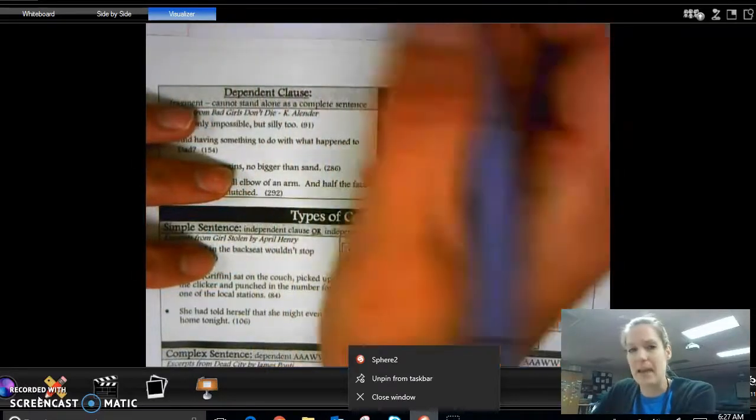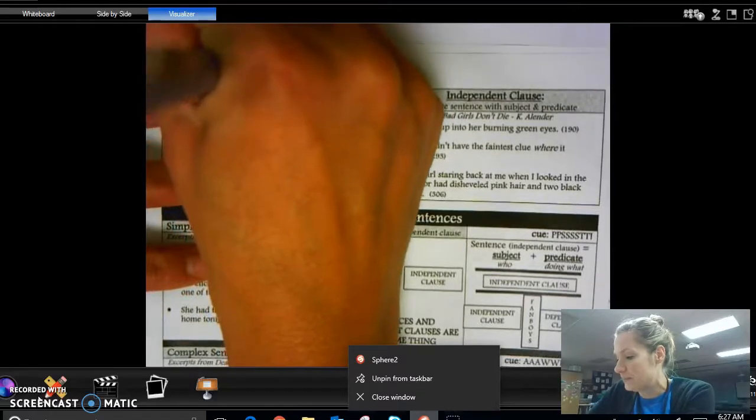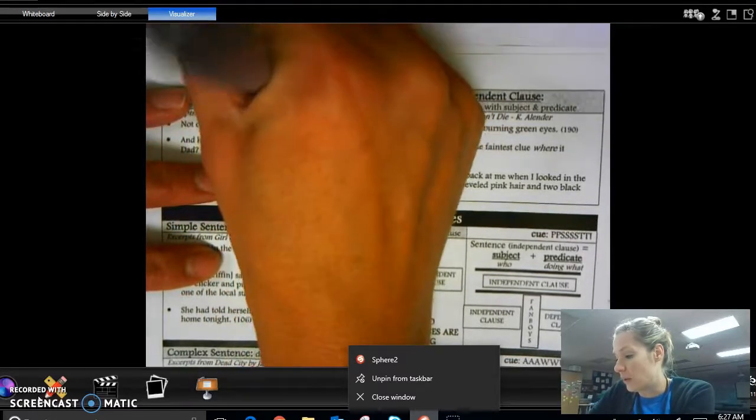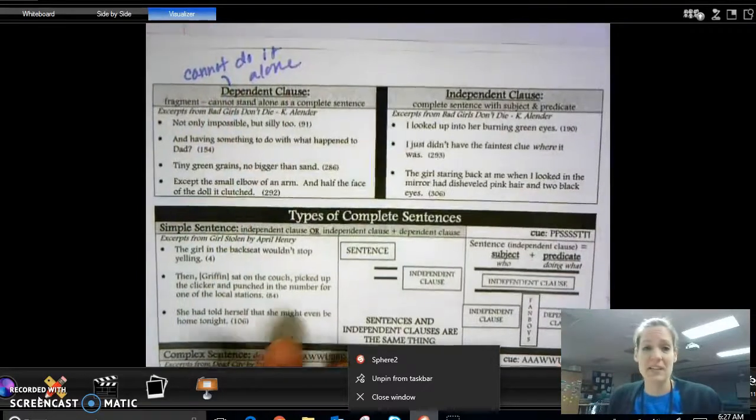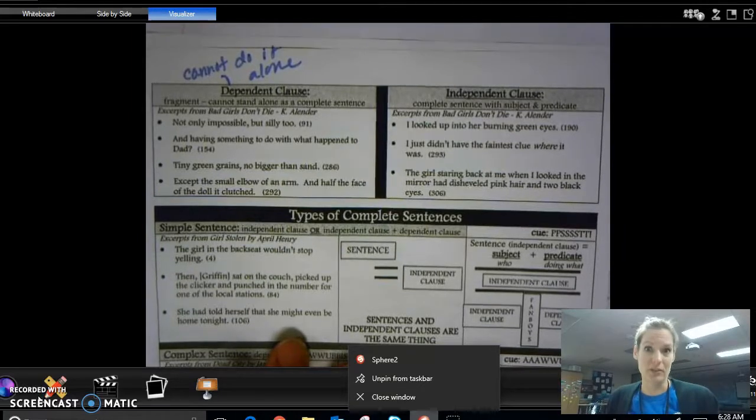So dependent means basically that you cannot do it alone. In the land of sentences, a dependent clause is oftentimes just a fragment. It cannot stand alone because it is not a complete sentence, just like you cannot stand on your own and engage this world by yourself because you're not an adult.